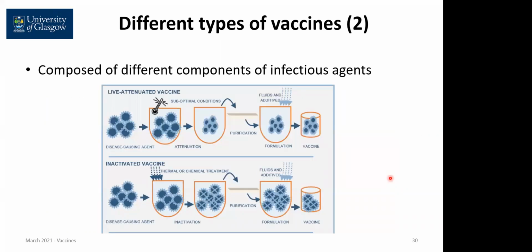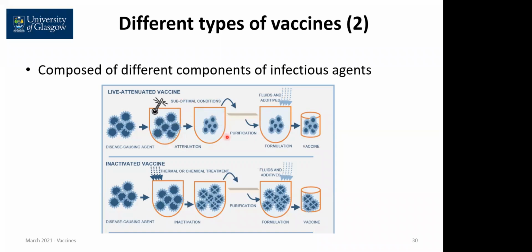So if we start with the more classical types of vaccines, we have the live attenuated vaccine. This involves taking a viable microbe and in some way attenuating it. This can be done by growing the organism in suboptimal conditions.